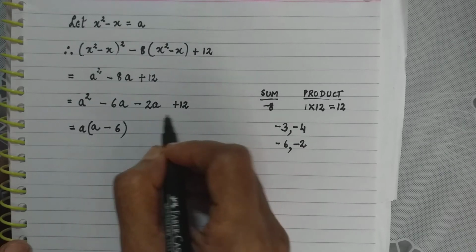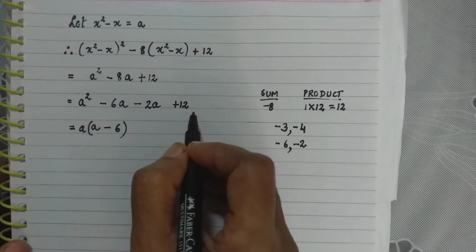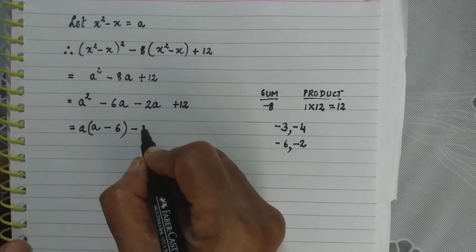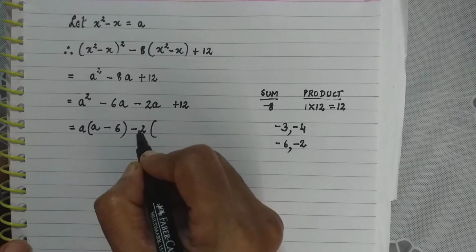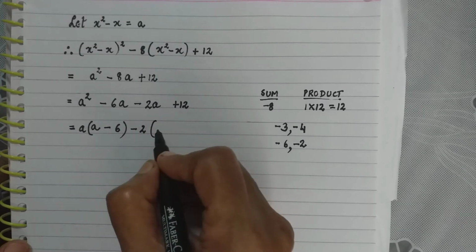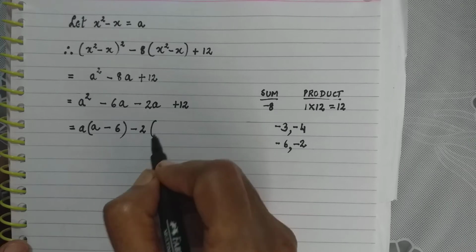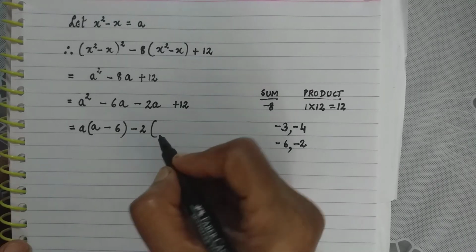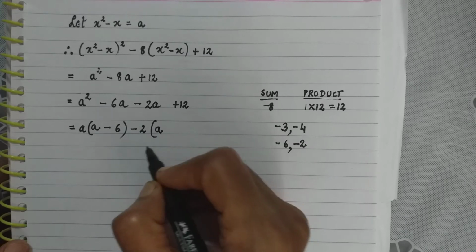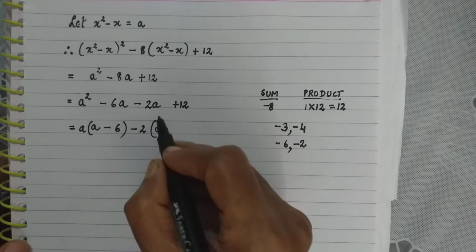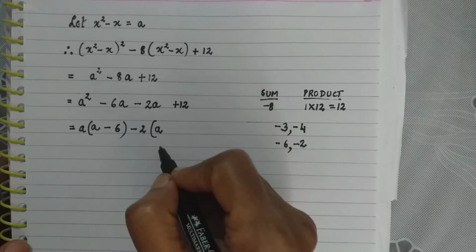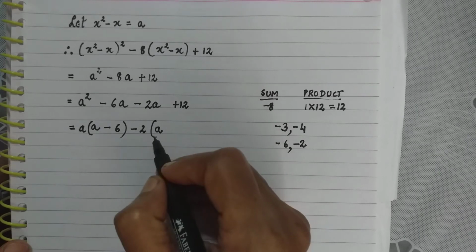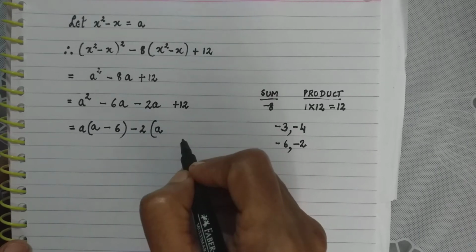Now in minus 2a plus 12, what is common? We take minus 2 common out. I told you we take minus common out so that the first term will not have a minus, because we want plus a inside the bracket. So if I write a here, minus 2 into a is minus 2a. So this is right. Then here I have 12.